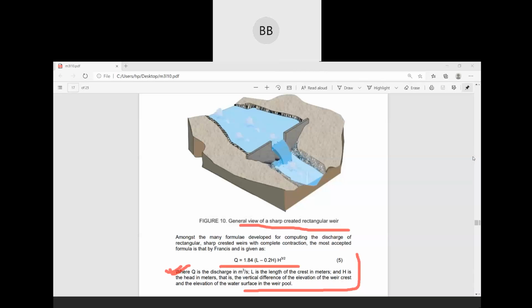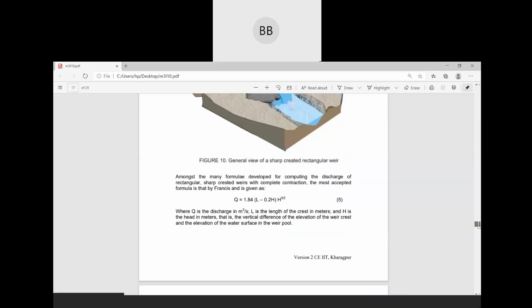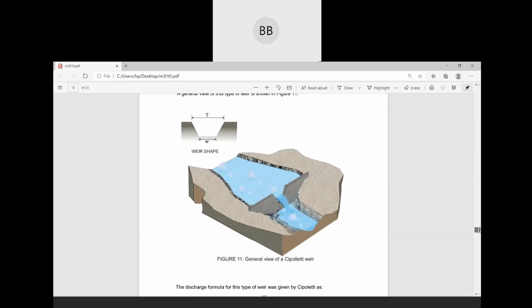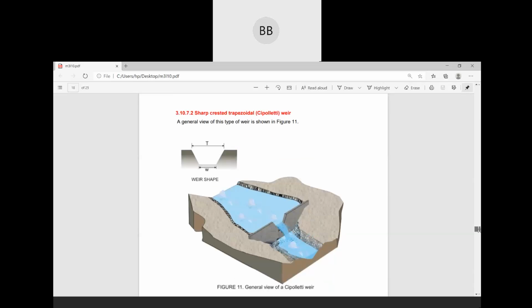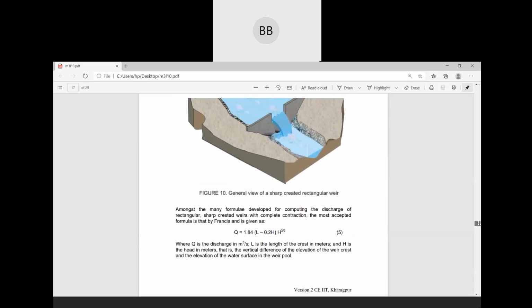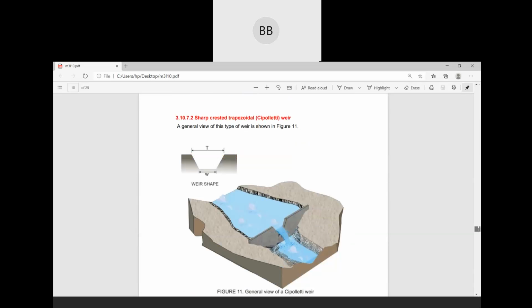Okay, so we move on to the next types of weir. In the first case, our weir is rectangular in shape, so sharp crested rectangular weir. In the second case, we have a trapezoidal cross section.